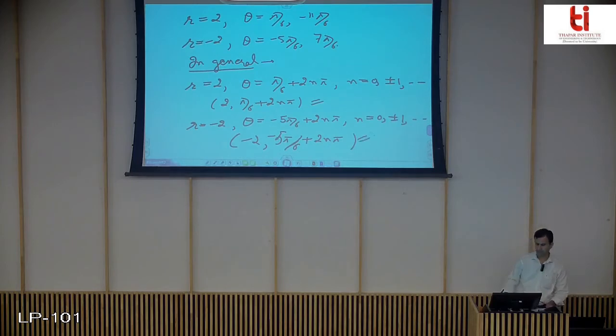So you can see clearly how many representations a single point can have. But usually for our purposes we use these 4 representations, with theta from minus 2 pi to 2 pi. We usually get 4 representations that we will be working with when we go for the plotting of polar curves.